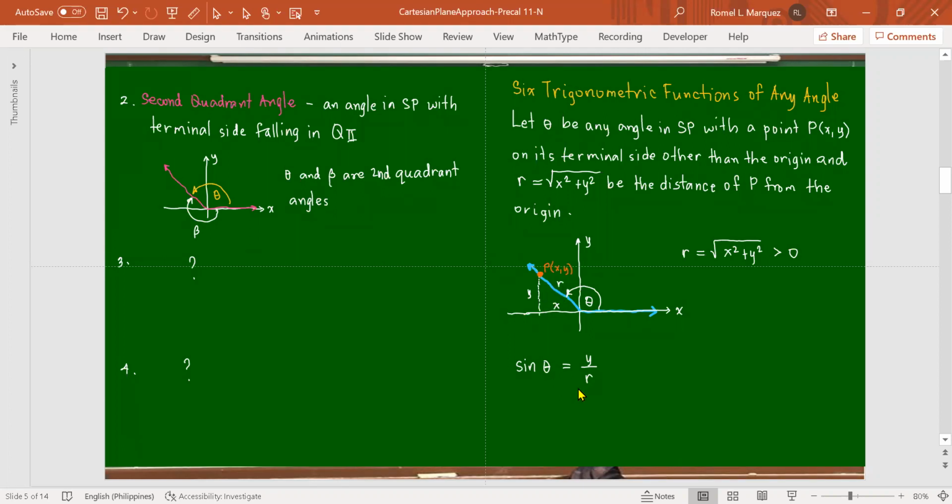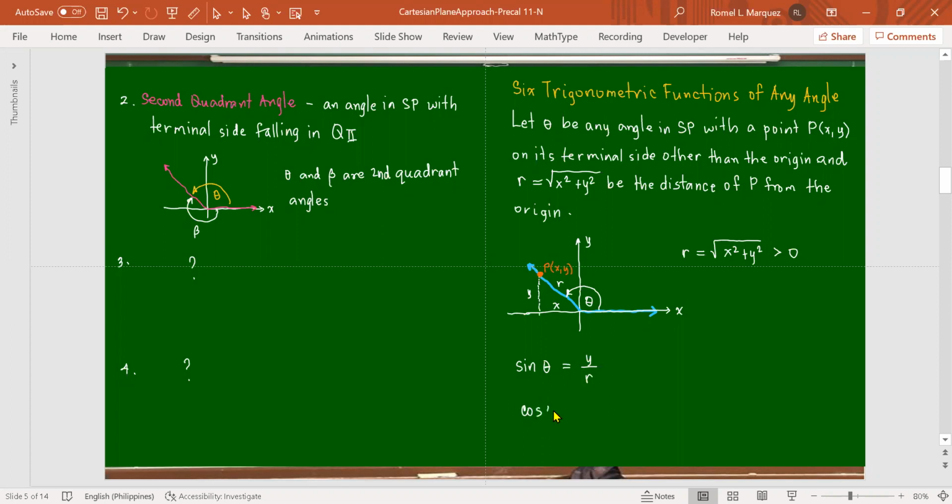It's just like defining the 6 trigonometric functions of a positive acute angle, but here our theta is not limited to between 0 and 90. It can be any angle this time. So we generalize the definition. Instead of opposite over hypotenuse, we now have y over r, because y and x can possibly be negative, unlike in the right triangle approach.